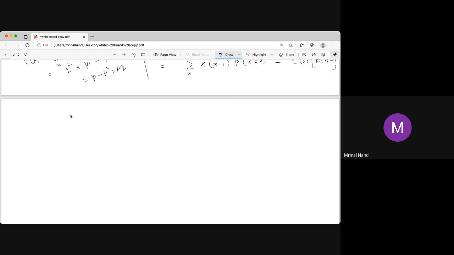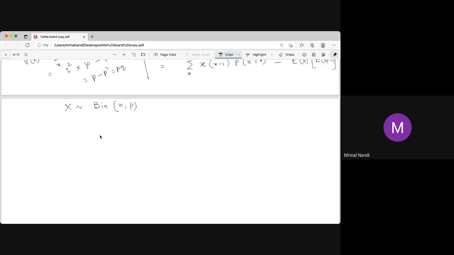Next is a slightly non-trivial example. It's called the binomial random variable, binomial n comma p. How does it come about? This came from tossing n many times. So the Bernoulli toss is done n many times, and we want to find the number of successes. How many successes are there? How many heads are there?